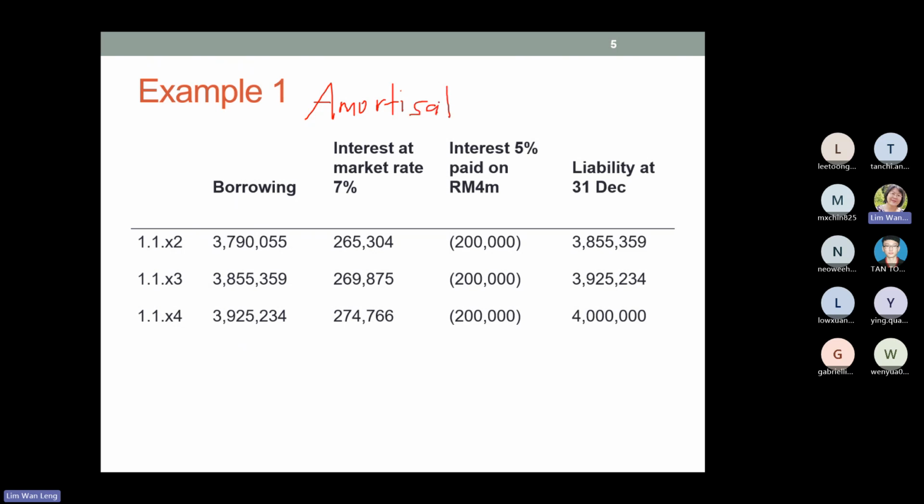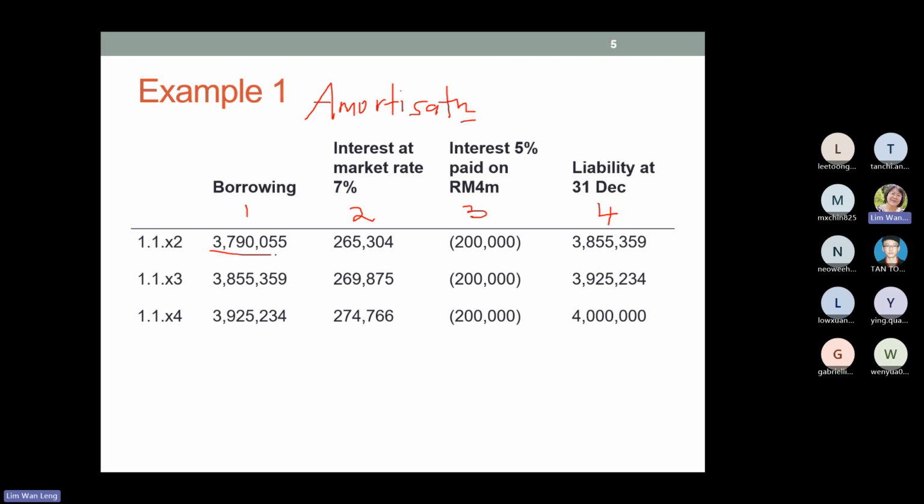Later on, you will find that quite a number of the illustrations will make use of this. So this is a good example to recall how to prepare the amortization table. To start off with the amortization table, you have a few columns. Usually I will call them column 1, column 2, column 3, column 4.